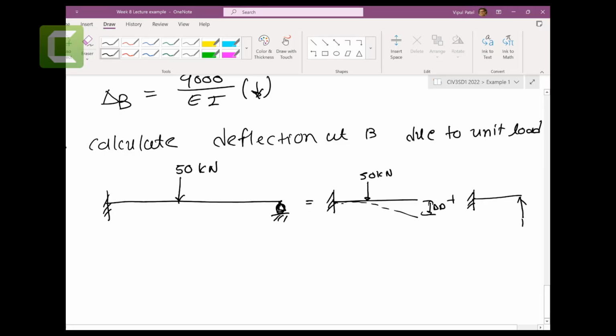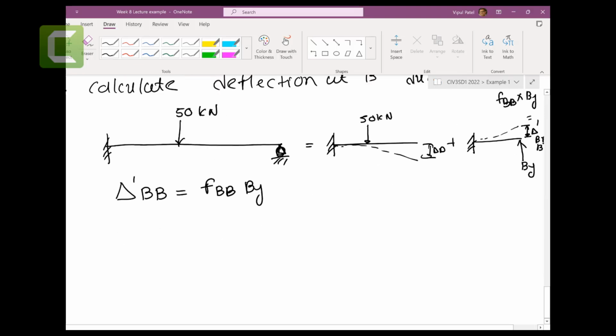We just put By here, and then you will have this deflection delta BB dash, which is equal to the flexibility coefficient times By. So our intention is to find delta BB dash, the flexibility coefficient of BB. It's very simple: you want By going up, and we need to find this deflection delta BB dash.